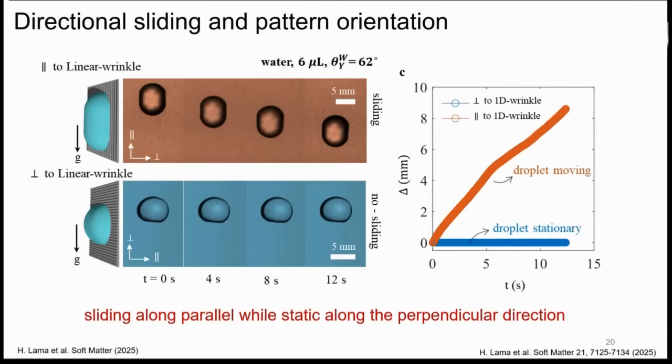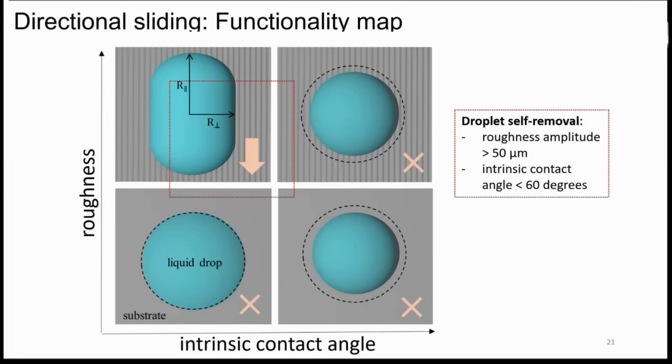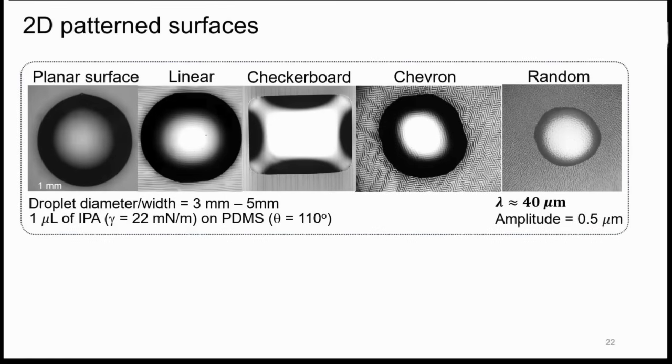This depends on the pattern itself. So this has looked at the orientation of the pattern. For example, if you make life easier for the droplet to roll, as in if the grooves are oriented south, they will roll. But if you make it hard, they might actually stick, with everything else kept the same. And it turns out that he was able to generalize all of this. Maybe there's more to this map than I have time to explain. But let me tell you something that I think you'll find exciting, which is that drops have shapes that are normally hemispherical cups, but those depend very much on the topography itself.